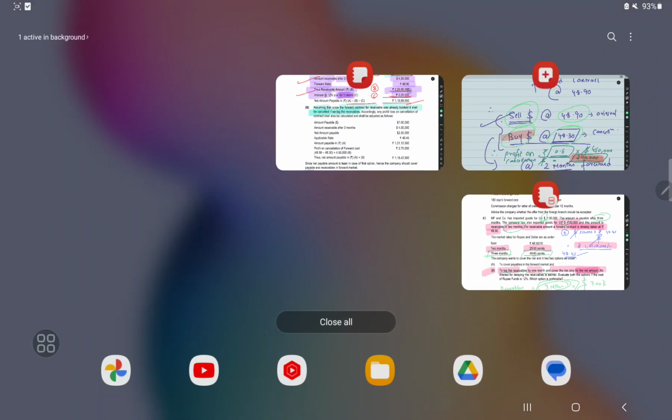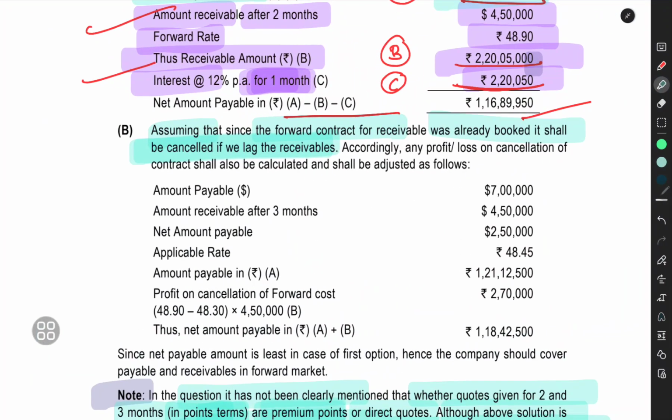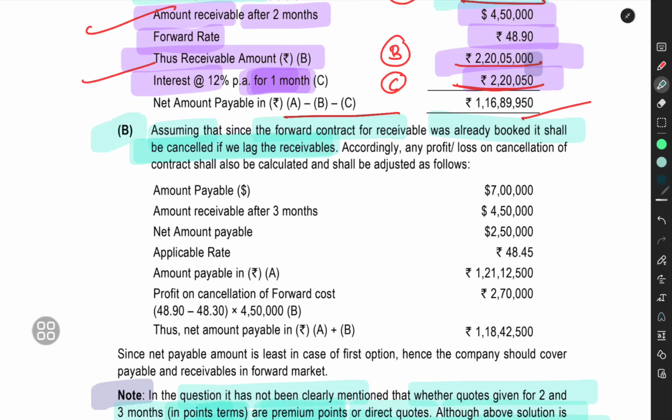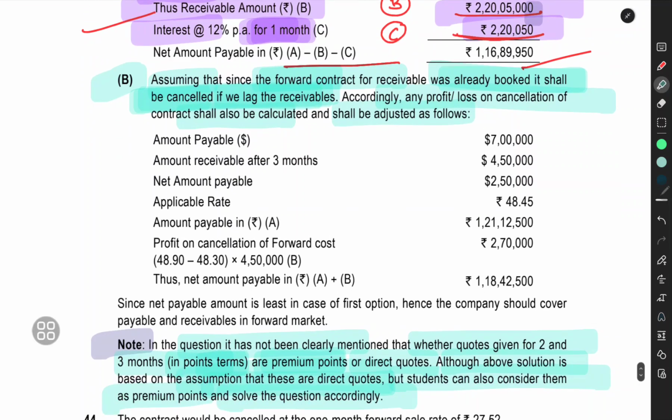Okay, let's go back to the solution. Now, once again, part B. Assuming that since the forward contract for receivable was already booked, it shall be cancelled if we lag the receivable. Accordingly, any profit or loss on cancellation of the contract shall also be calculated and adjusted as follows. Very correct, we agree with this. Amount payable in dollars is 7 lakh.